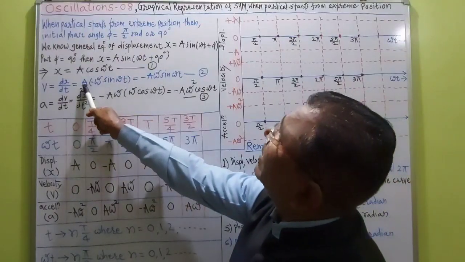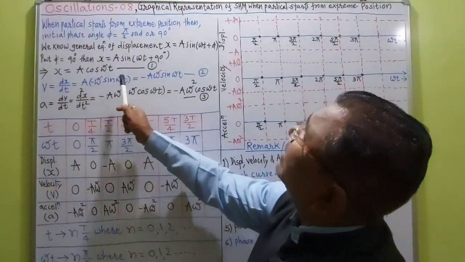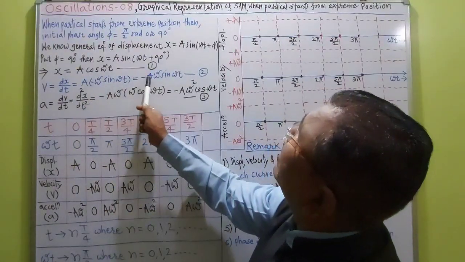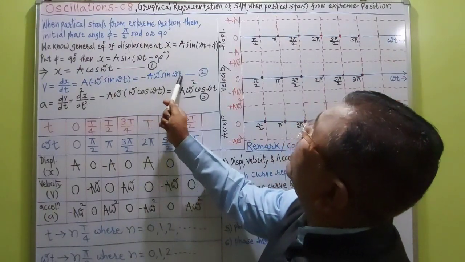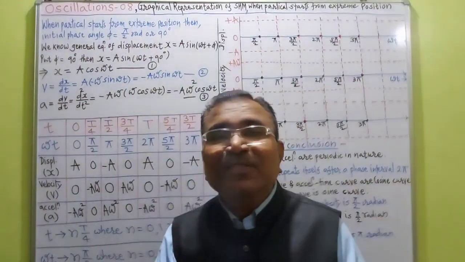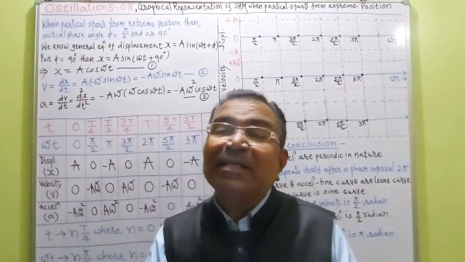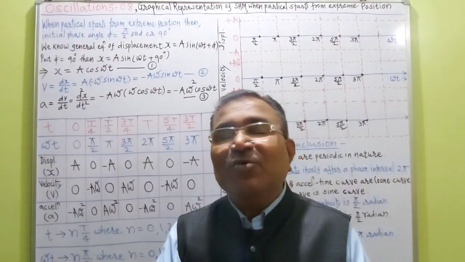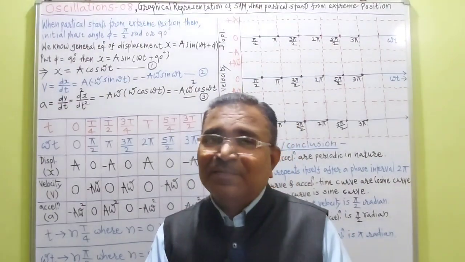Then minus A omega sin omega t. This is equation number 2, and this is the equation of velocity of a particle in SHM.